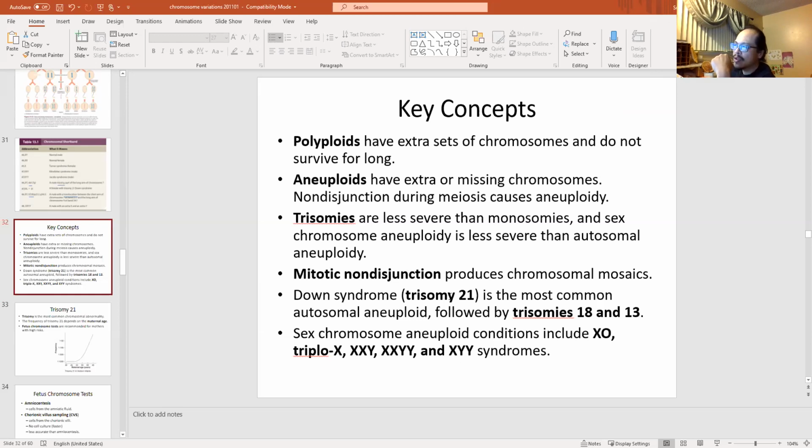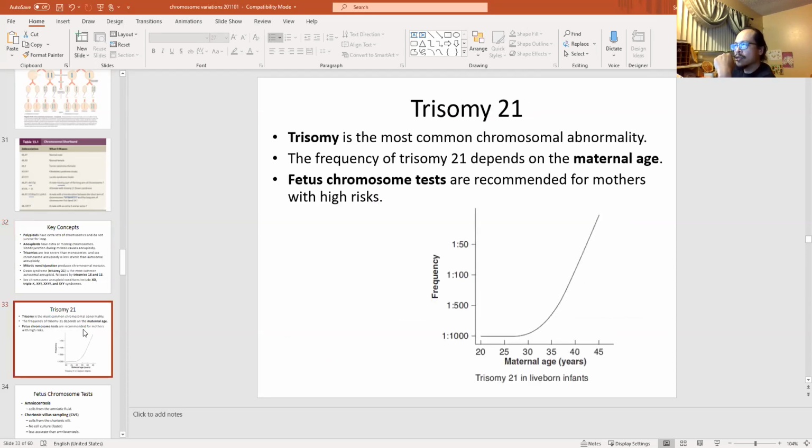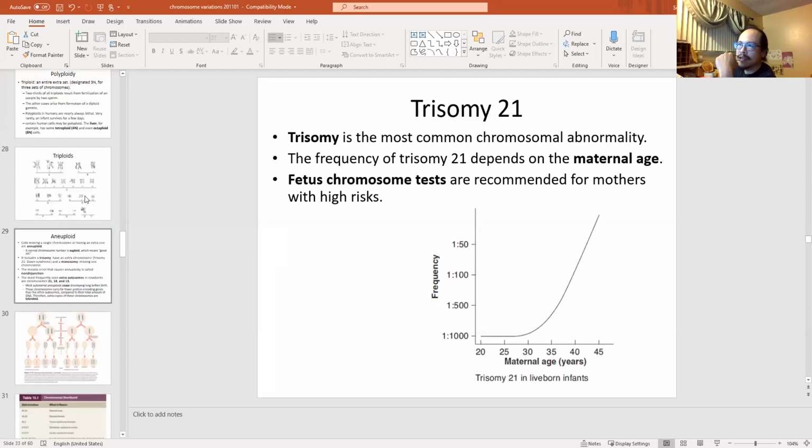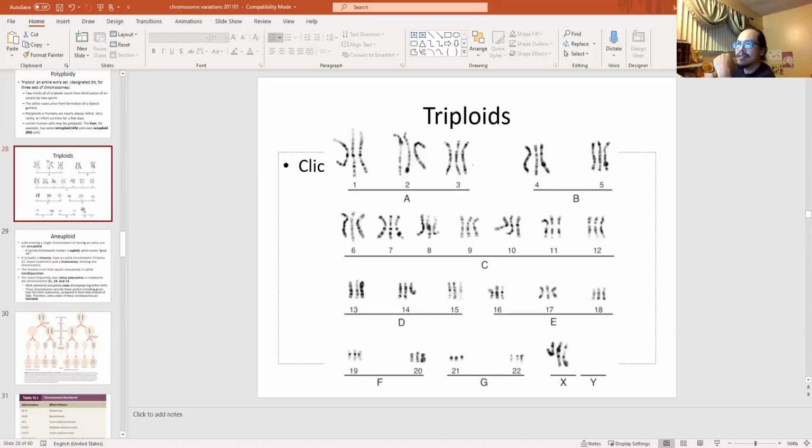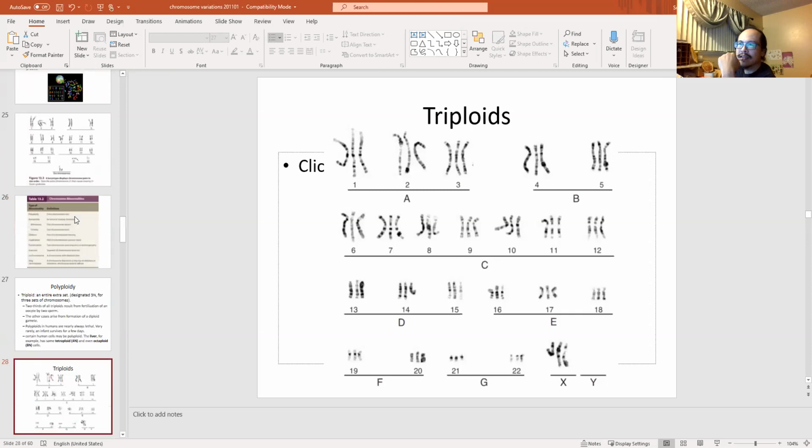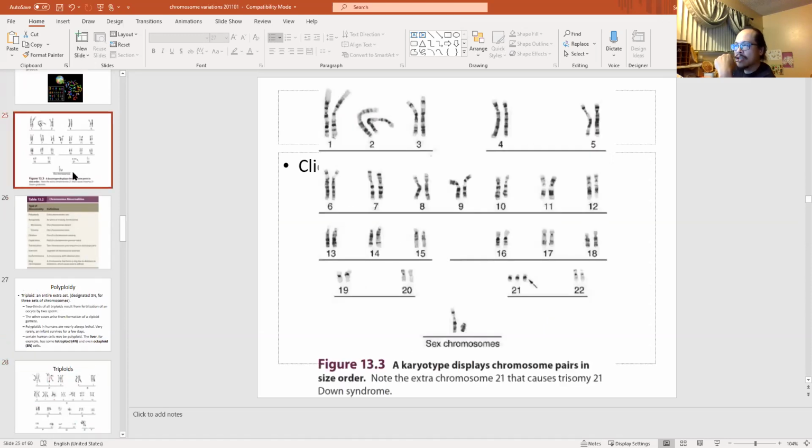So trisomy 21 is the most common aneuploid. So let's look into this one. In a way, trisomy 21 is very easy to identify because we can see it, just by a simple karyotype. We can see it here, the extra 21 chromosome.